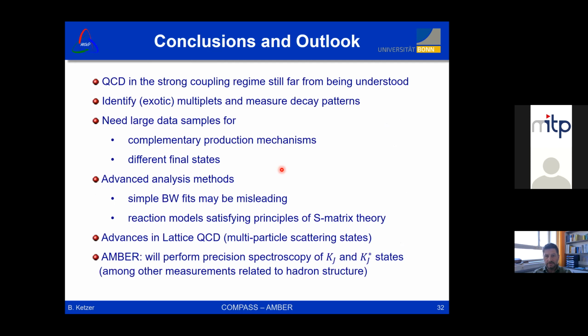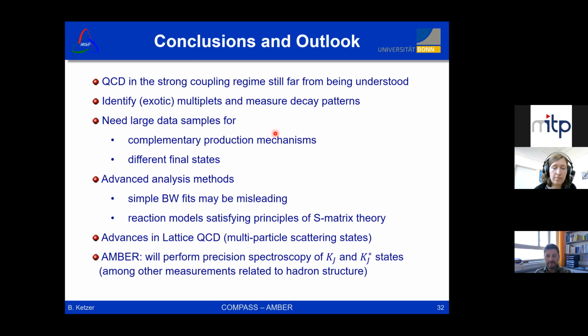So this brings me to the conclusions. I think everybody here would agree that QCD in the strong coupling regime is still far from being understood. What I've focused on is the identification of exotic multiplets and the measurement of their decay patterns, which I think is mandatory to clarify whether it is indeed a hybrid or something else that we're looking at, as discussed before.